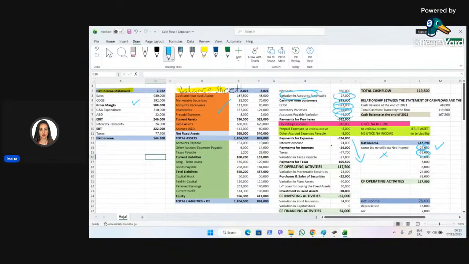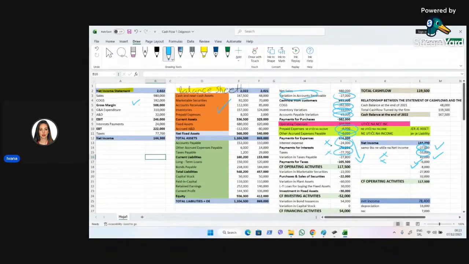Accounts payable, it's a liability, it's a balance sheet, and we will put it here. Okay, prepaid expenses, it's an asset, we will put it here. Other accrued expense payable, it's liability, and we will put here. Okay, interest expense, we will not put in here because it belongs to net income statement. Okay, taxes, net income statement, we will not put here in the test.